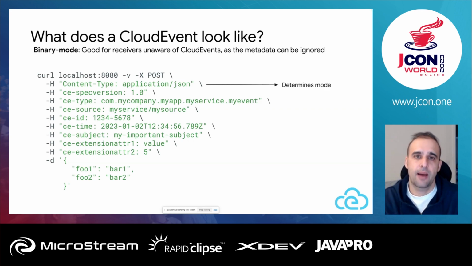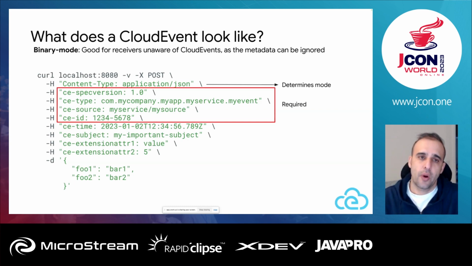So the content type application/json specifies that this is a binary mode CloudEvent. Then you have some required CloudEvent headers: the spec version, the version of the CloudEvent, in this case 1.0, the type of the event, the source of the event, and the unique ID of the event, right? Basically the minimal information you need to route the event. Then there are some optional ones, the time and subject of the event, if you wish to use them.